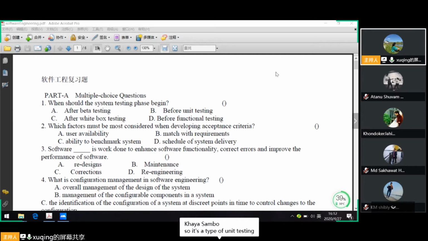You see, beta testing is one type of user testing.